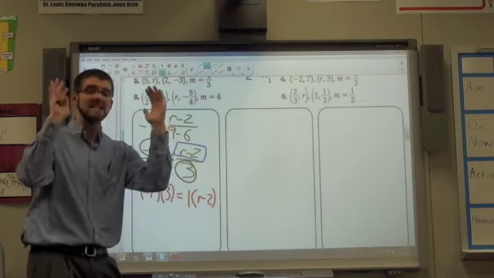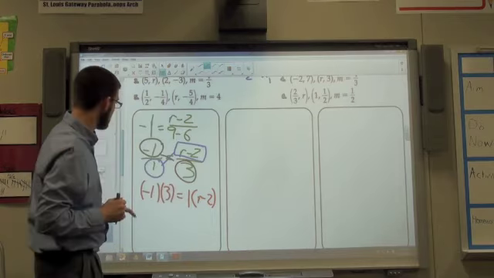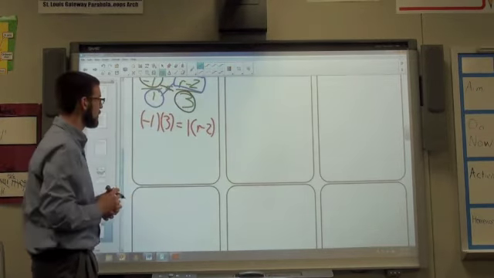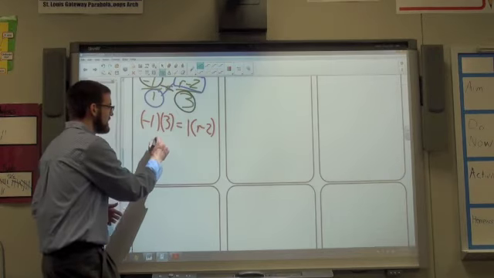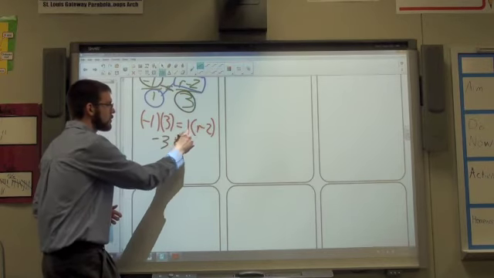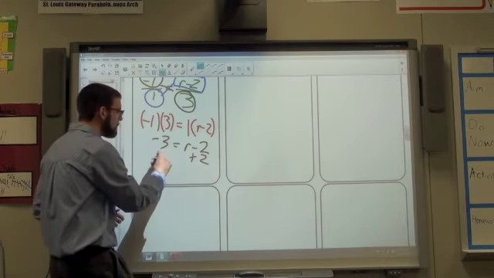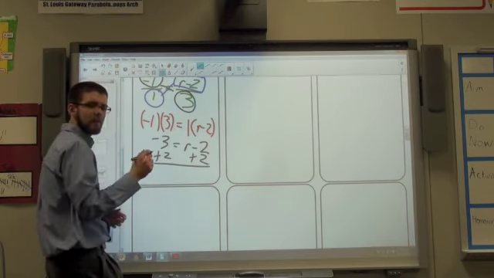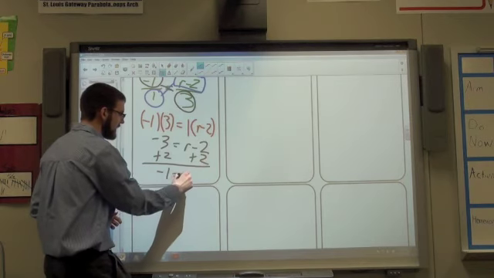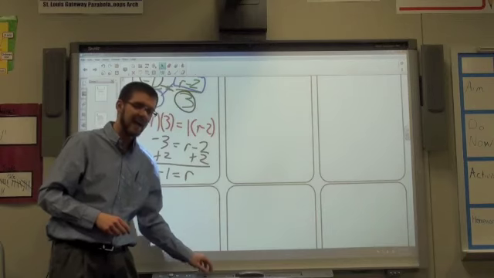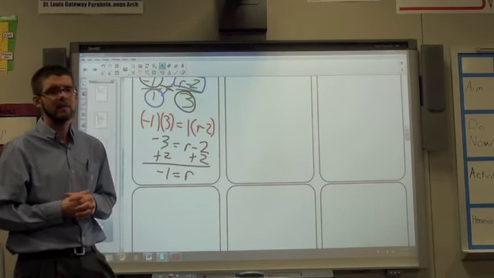You're multiplying it by the entire thing, which is why you need parentheses. Go ahead now, simplify this problem, and you can find your value for r. -1 times 3 gives me -3 equal to r minus 2. Solve for r by adding 2 to both sides. And when I finish off, I get a value of r being -1. So -1 is my missing value that allows these 2 points to have the slope that was given to us.